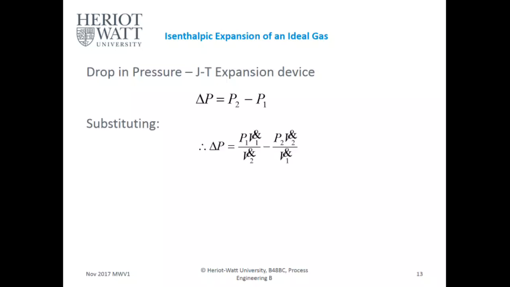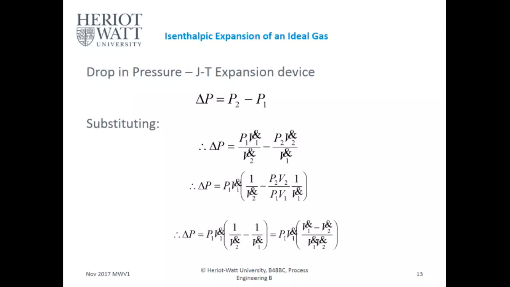Substituting that into the previous equation, the change in pressure equals P1 V1 over V2 minus P1, right? And hence the change in pressure for the system equals P1 V1 multiplied by 1 over V2 minus 1 over V1.